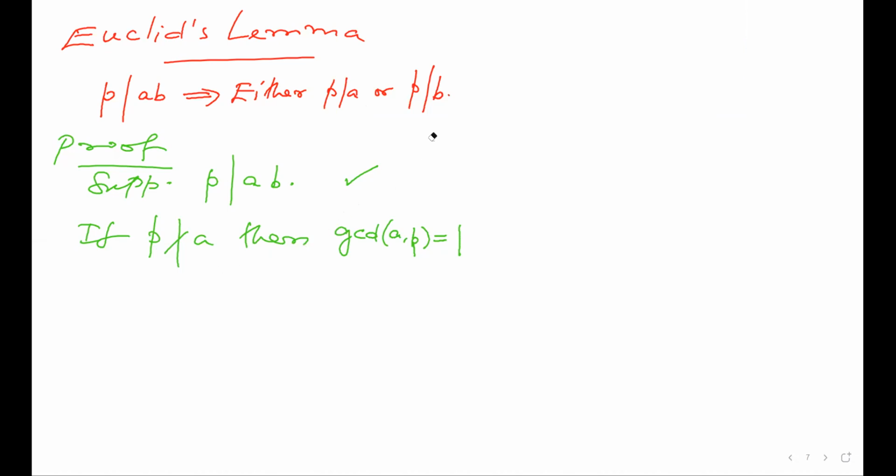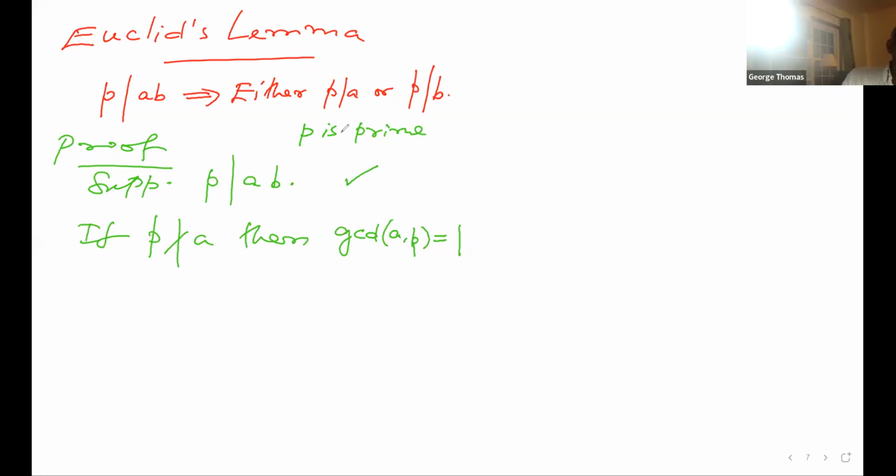Sir, I have a little doubt. P is prime, right? Yeah. Oh, I forgot, P is prime. Thank you, Arjun. Sir, but P need not be prime, because if P is 8 and A is 6, then... Oh, if P is not prime, you can sufficiently modify this and get a result.